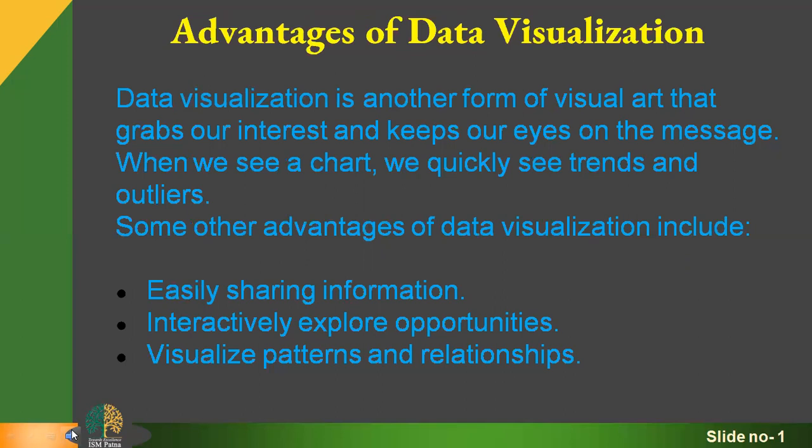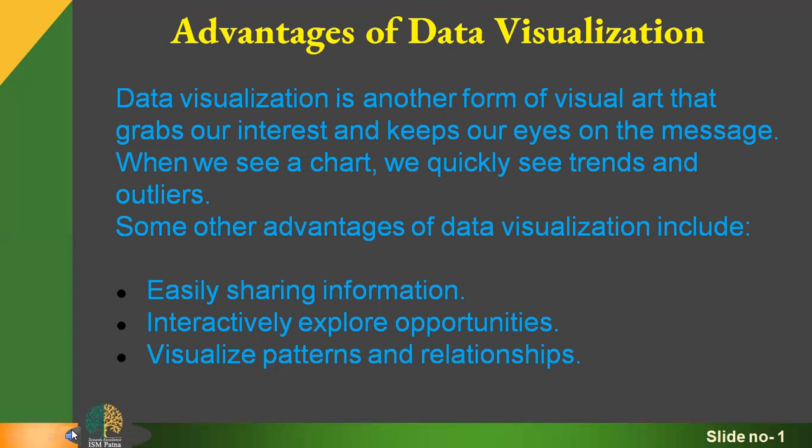Visualization is a form of visual art that grabs our interest and keeps our eyes on the screen. If you present tabular data of 3 products by giving their quantity and sale value as numeric values, then people have to focus on the table and very carefully note which quantity or which sale value is higher, which is lower, and which is lowest.